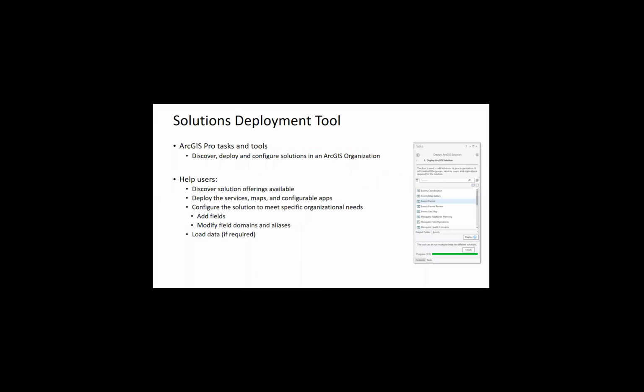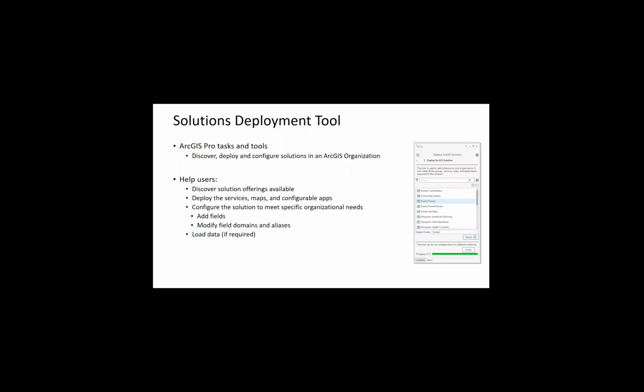So with our January 2017 solution site release, we shipped a new add-in for ArcGIS Pro that is called the ArcGIS Solutions Deployment Tool. And this allows you to quickly discover, deploy, and configure solutions in your ArcGIS organization. And ultimately, what you'll see today is that this add-in helps you discover the solutions that are available from our solutions teams.